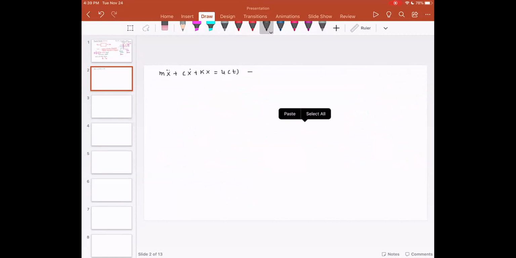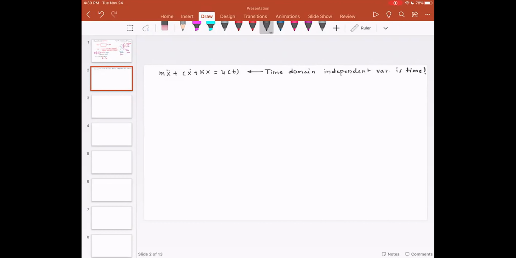Please note this is in the time domain. And why is this in the time domain? Because the independent variable is time.